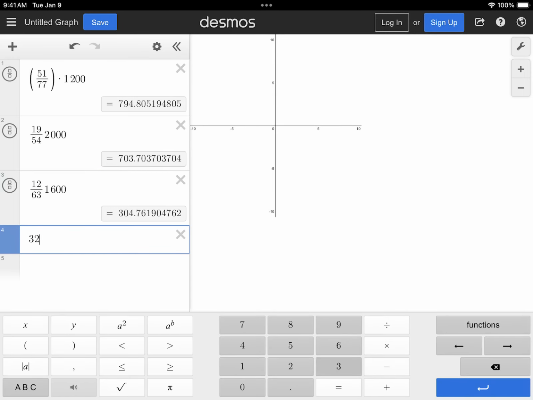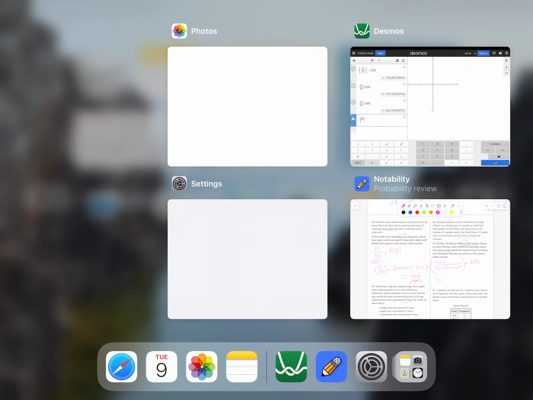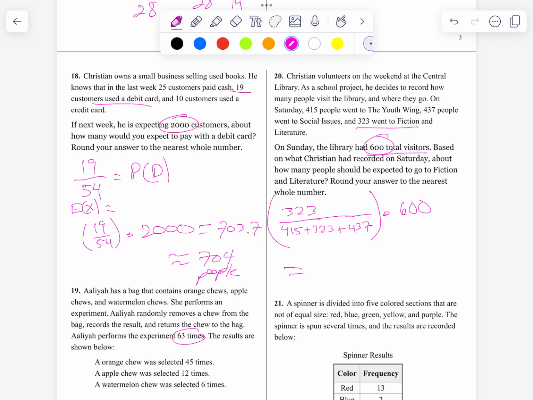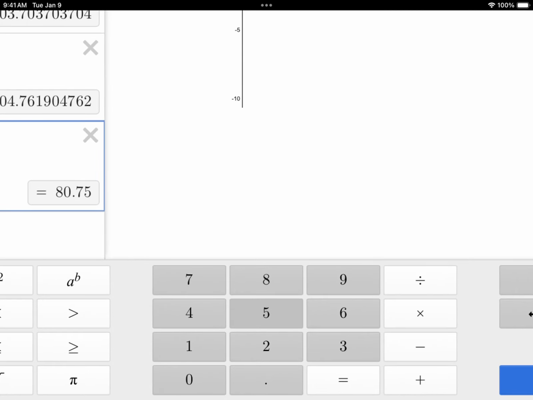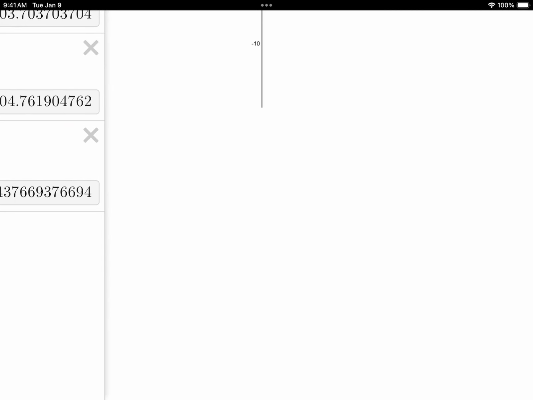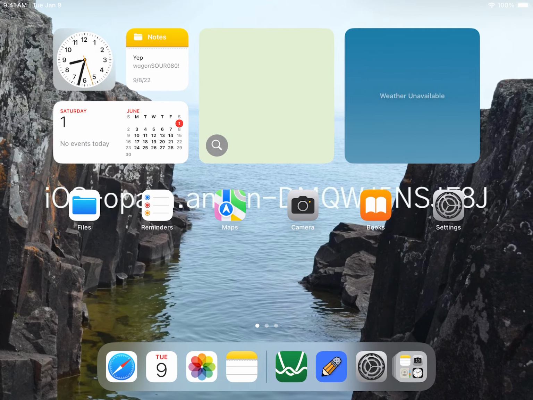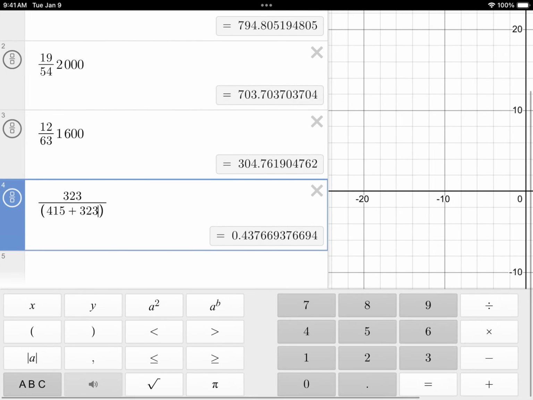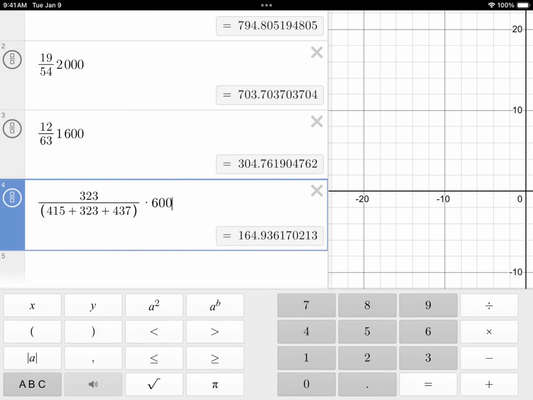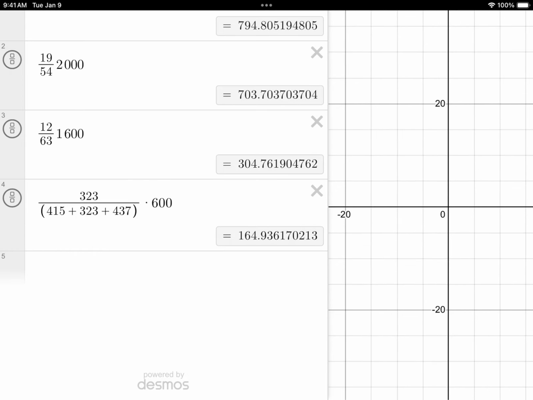So I got 323 divided by 415 plus 323 plus 437. Oops. And then take that answer and times that by 600. I get 164.93.